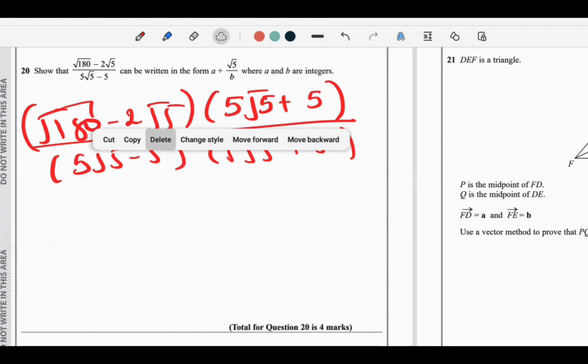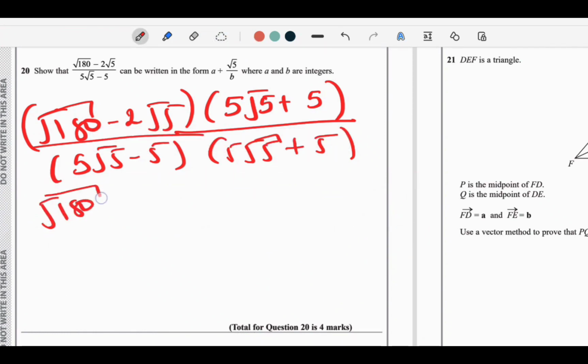Okay. So root 180 should be equal to 6 root 5. So now I can actually swap this out and confidently write 6 root 5 and multiply out. Okay, let the show begin.